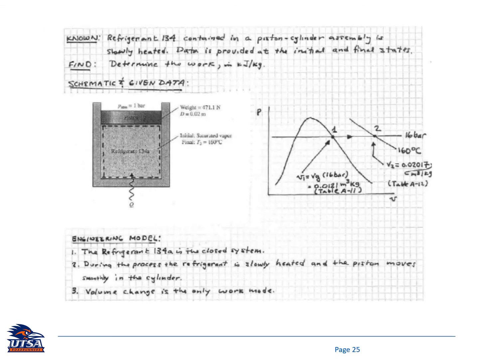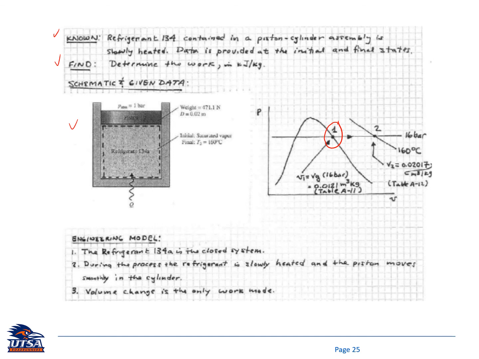So here you need to write down what is known, what you need to find out, and a schematic, and then you can plot the process in a PV or TV diagram, it doesn't matter. You have state 1, saturated vapor, and you should be able to get the pressure.